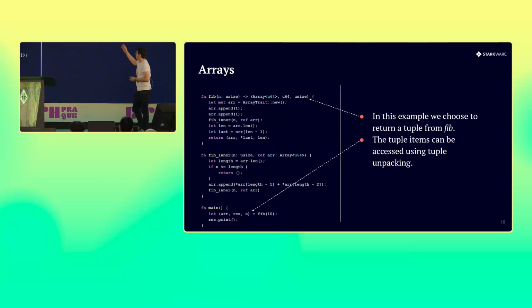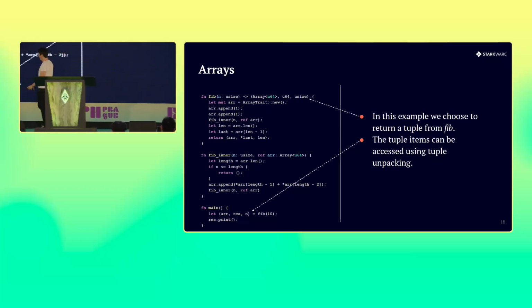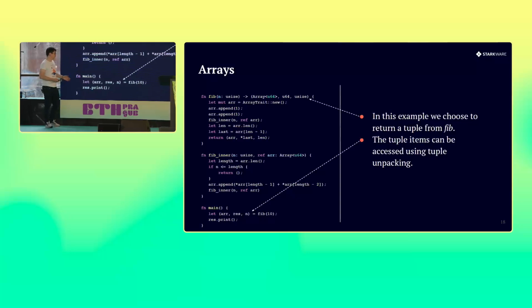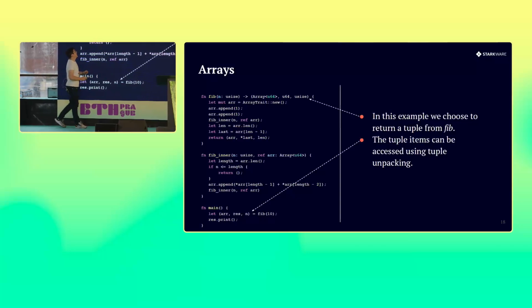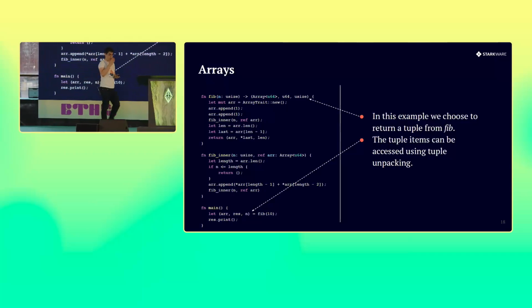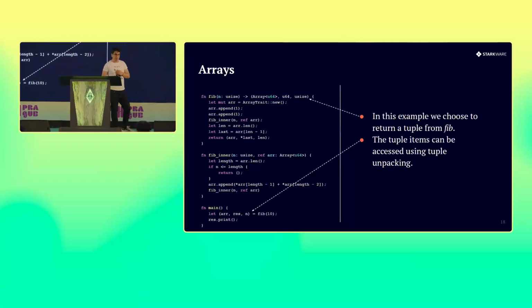We can return a tuple with the array. You can see that we can unpack the tuple in here, okay? And we get the result of Fibonacci 10 using the array that we defined, okay? And we just add into the array. So that's it about arrays.